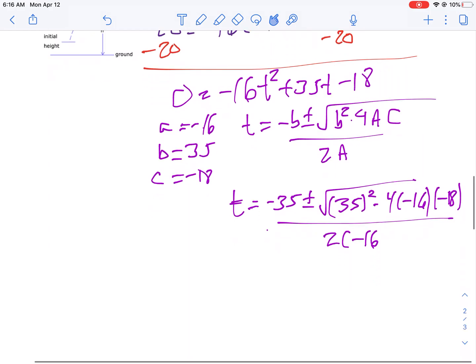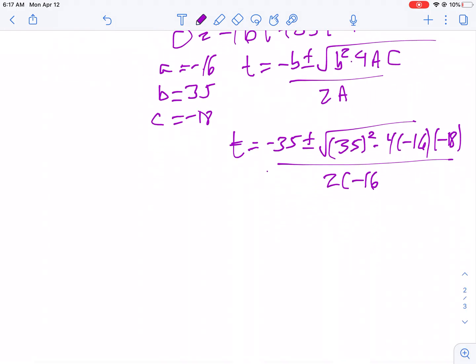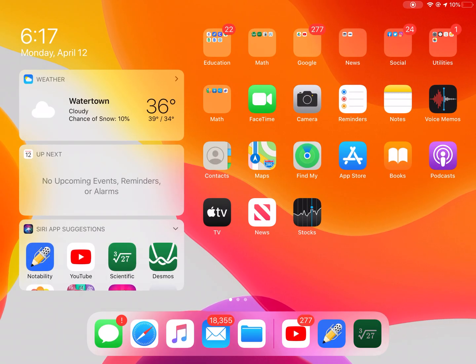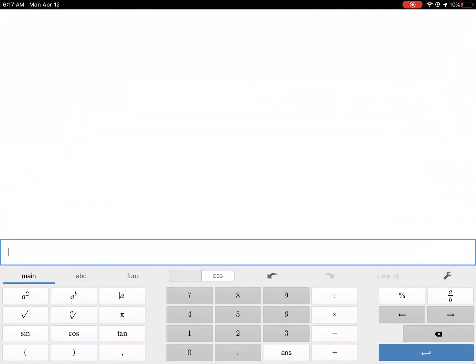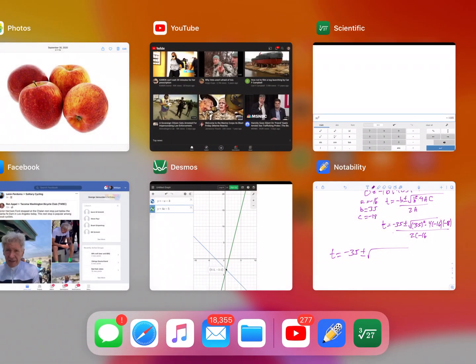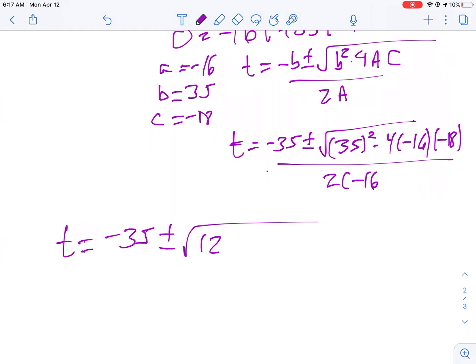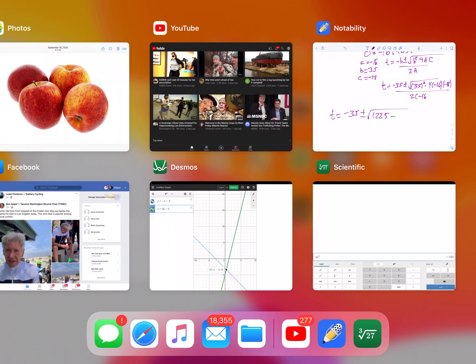So we'll simplify. So we're going to say t equals, right over here so we have a little bit more room, negative 35 plus or minus, well, 35 squared. Let's use the calculator for that. So that's 1225. A negative times a negative times a negative is negative. So let's take 4 times 16 times 18.